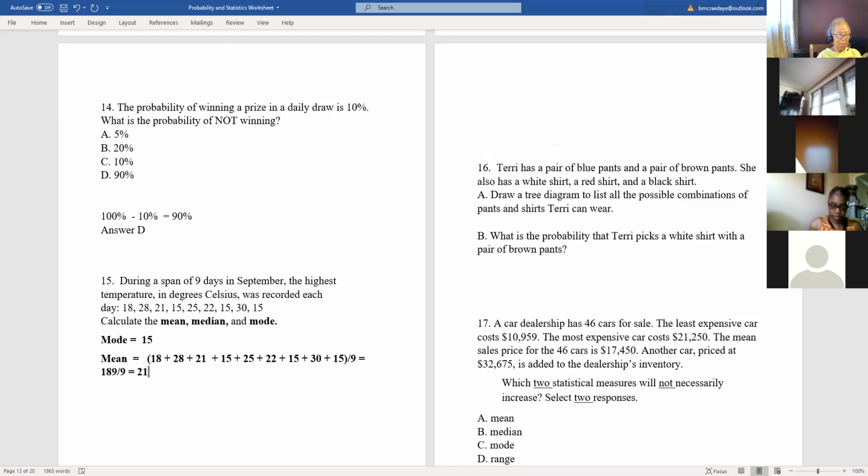Now, median: you've got to put them in order, increasing or decreasing. The highest one is 30. Then 28. What comes after 28? 25, then 22.